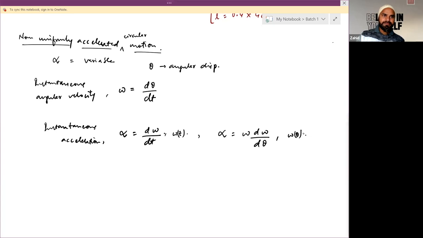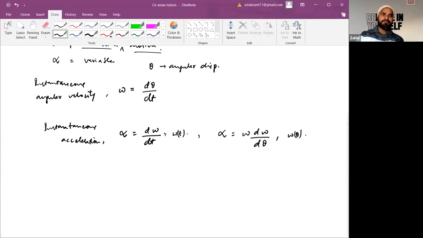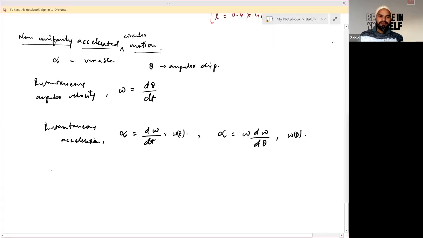Similarly, we may find average angular velocity. So it will be theta final minus theta initial divided by t final minus t initial, if theta is given in terms of t. Similarly, we may find average angular velocity as integral of omega dt divided by integral of dt.